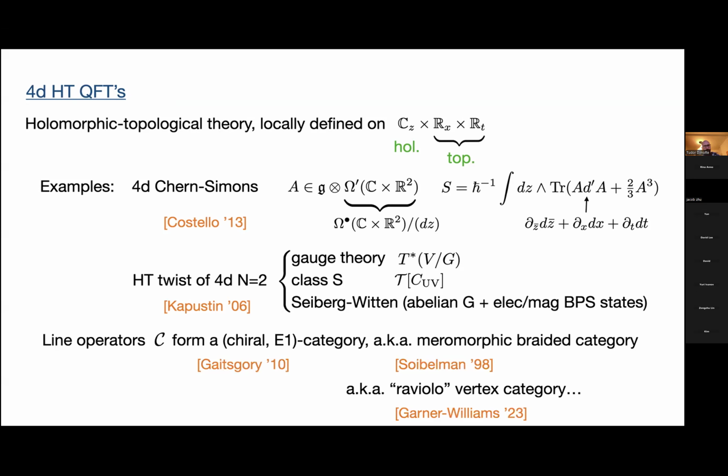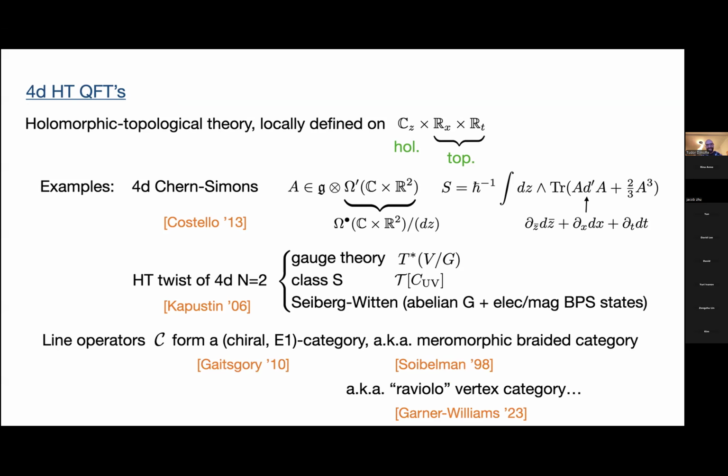Line operators in such a holomorphic topological theory, no matter which flavor, due to the invariance in the holomorphic topological directions, are expected to form something that goes by many different names.